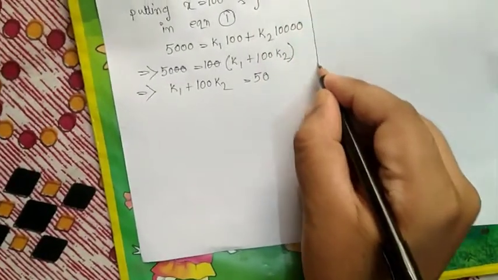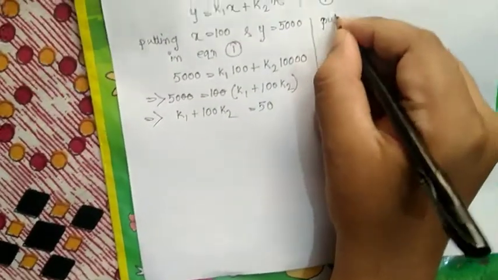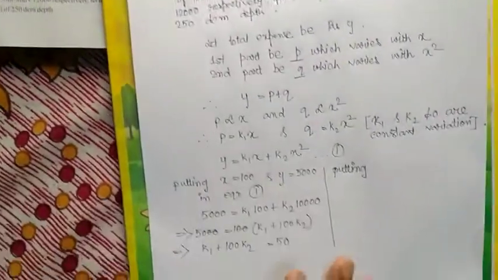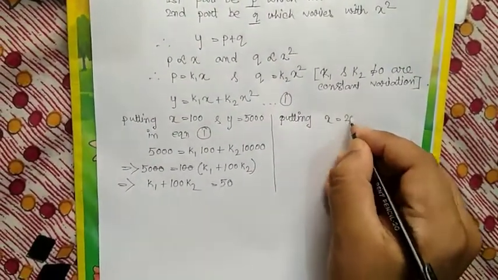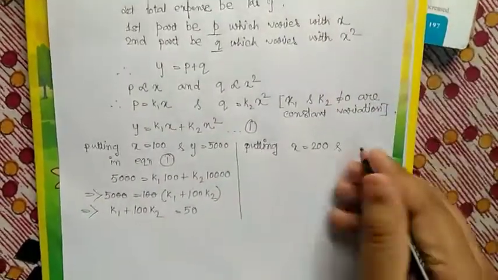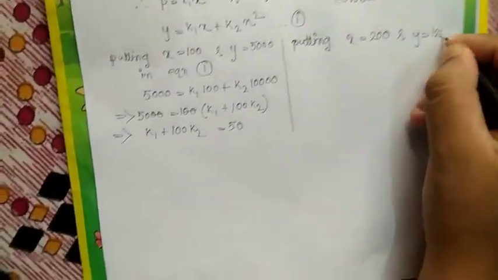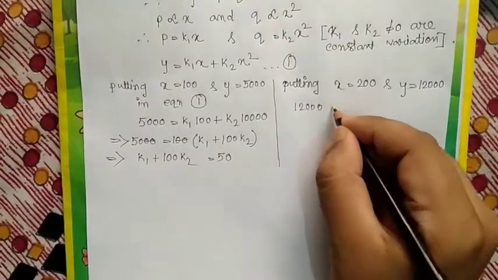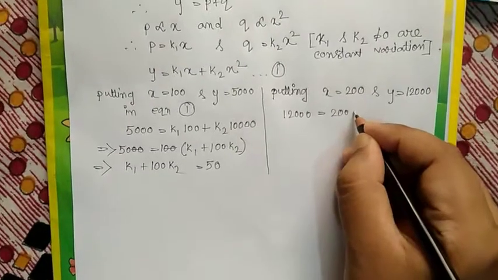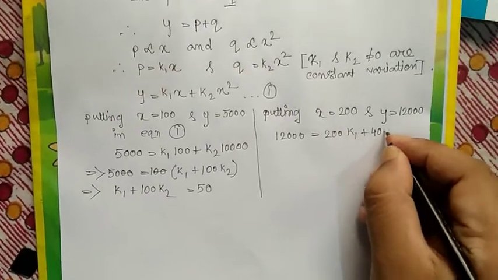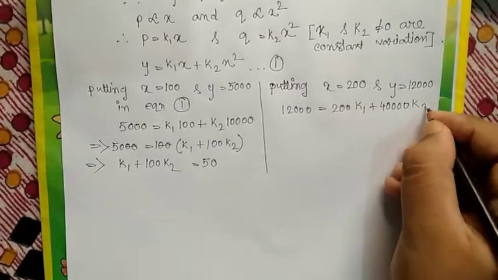Same as follows, the next information is given as 200 decimeter digging well for 12,000 rupees. So putting x equal to 200 and y equal to 12,000, we get 12,000 equal to 200 k1 plus 200 whole square means 40,000 k2.